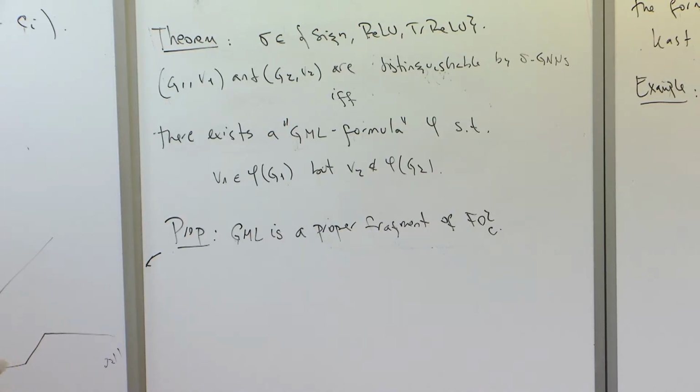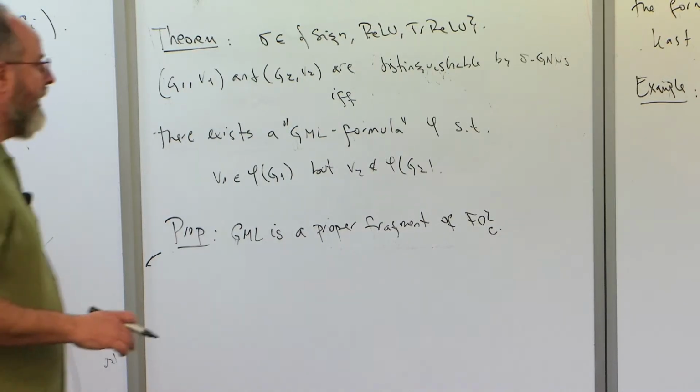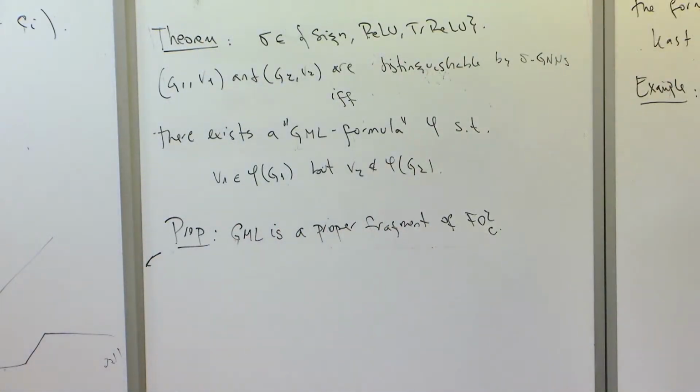It's a particular fragment of it. Yeah? Actually, it corresponds to what we call the guarded fragment of first-order logic with two variables and counting. But I think that the definition in terms of GML is way cleaner. Yeah? So what is GML? And I will define it because it will play a role in the next result as well.